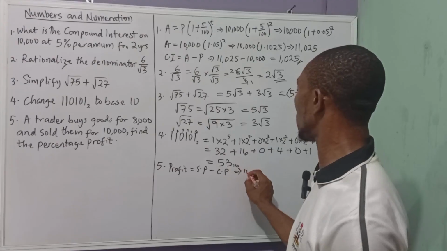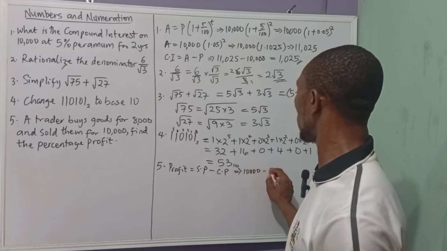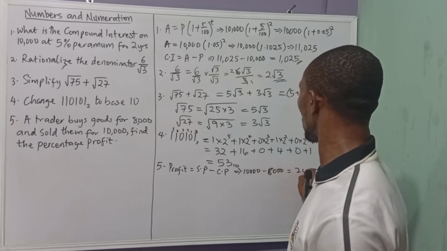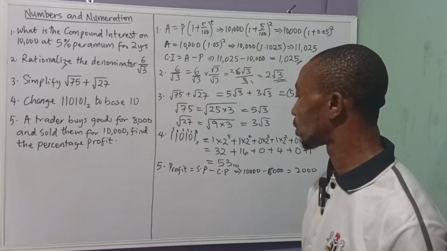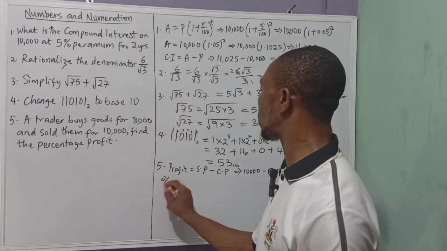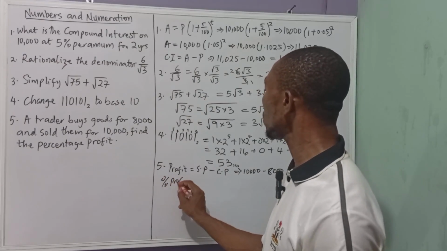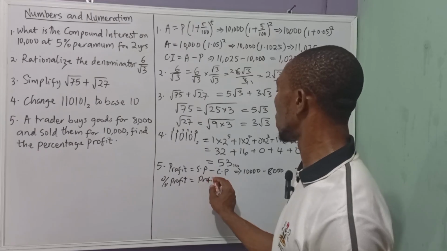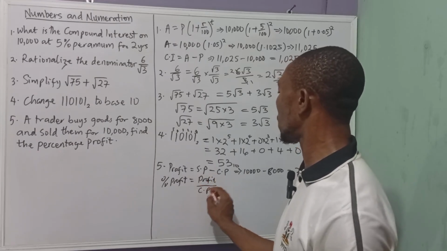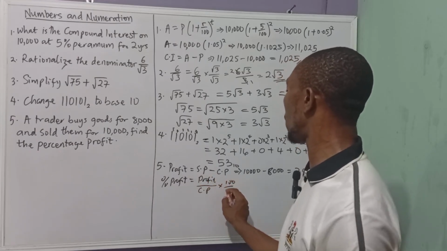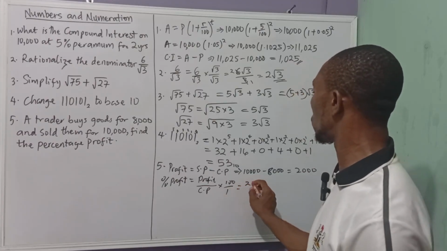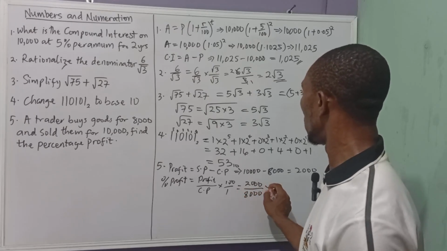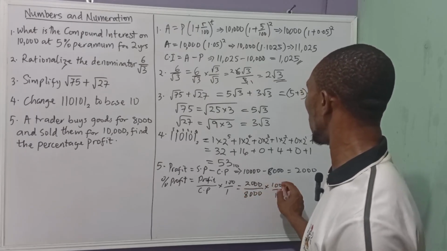Now, our selling price is 10,000 minus cost price, which is 8,000, giving us 2,000 profit. Okay, and our percentage profit is given as profit all over cost price times 100 over 1. And our profit here is 2,000, cost price 8,000 times 100 over 1.